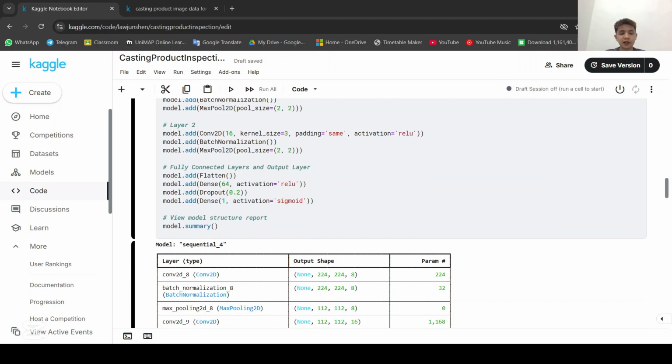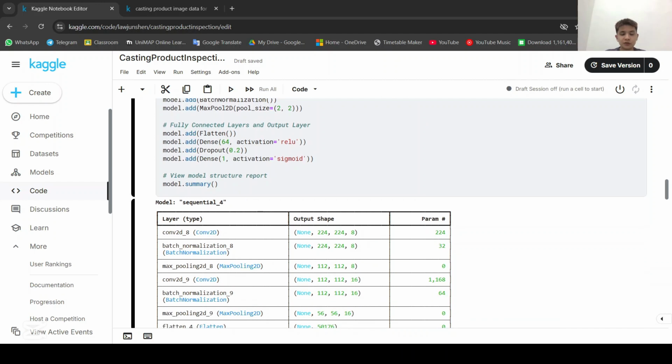After that we flatten the output to a dense layer with 64 units using an activation layer. To prevent overfitting, we add a dropout layer of 20%, and at the output layer, we combine all the neurons into a single dense layer with the sigmoid activation for binary classification.